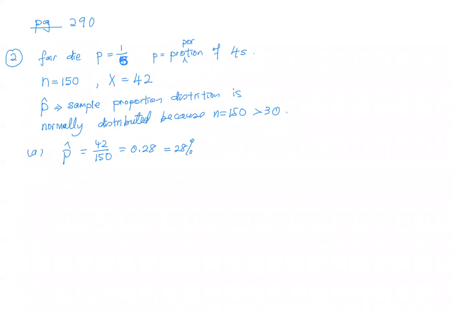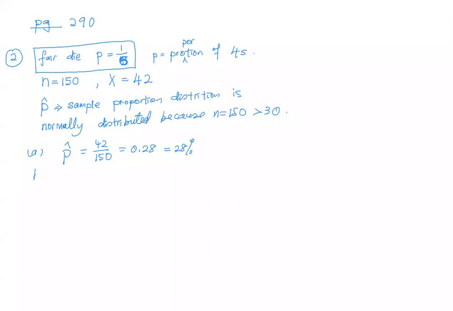Then after that, the question says, what will you expect the population proportion P to be if the die is a fair die? That one I answer already. I expect it to be 1/6. Right?